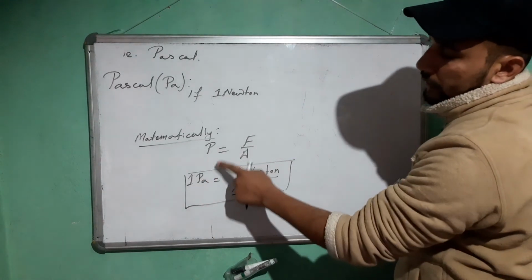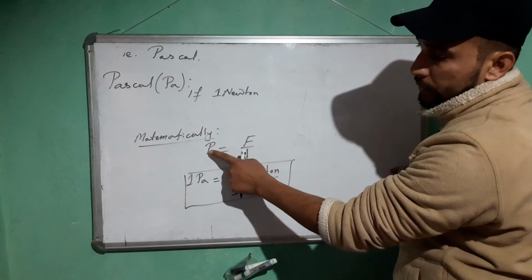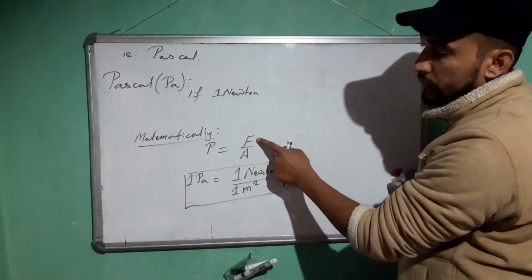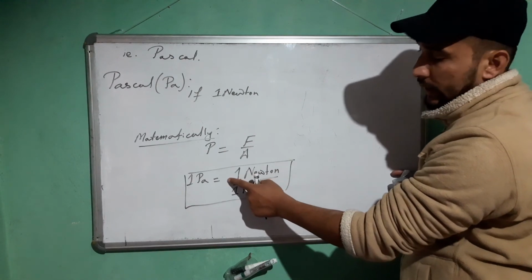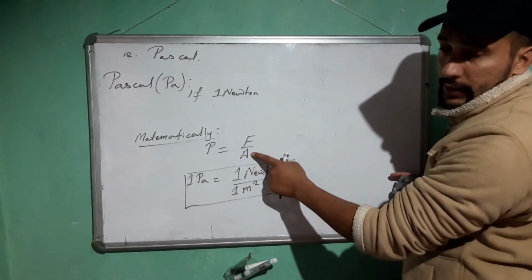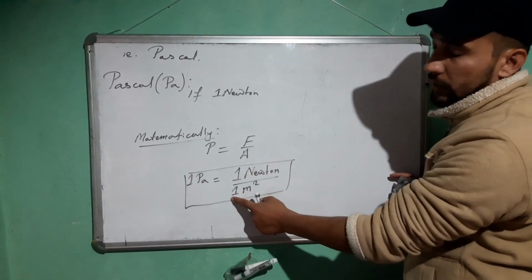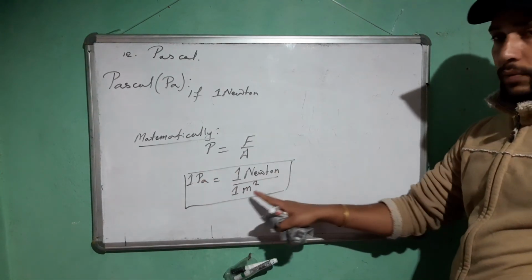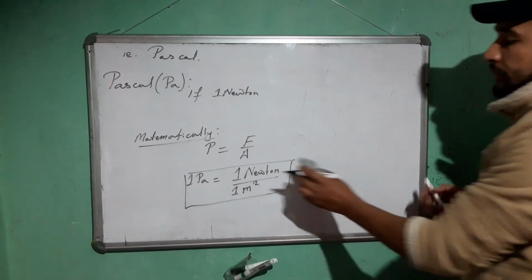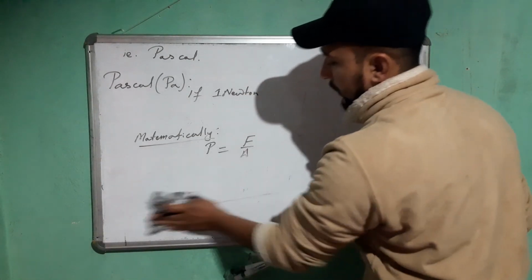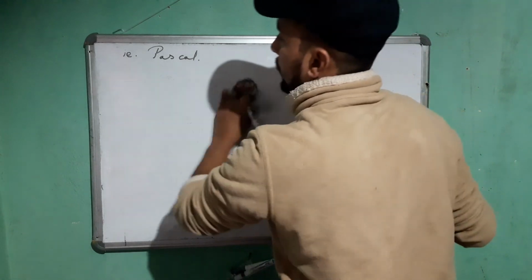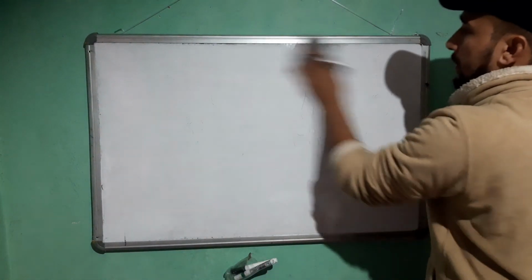From here, the unit of pressure is Pascal, so write 1 Pascal is equal to the unit of force, Newton, adding 1 in front, and the SI unit of area, meter square, adding 1 in front. So 1 Pascal is equal to 1 Newton upon 1 meter square. So if a force of 1 Newton is applied on an area of 1 meter square, then the pressure is said to be 1 Pascal.